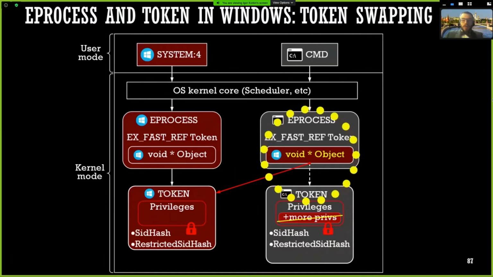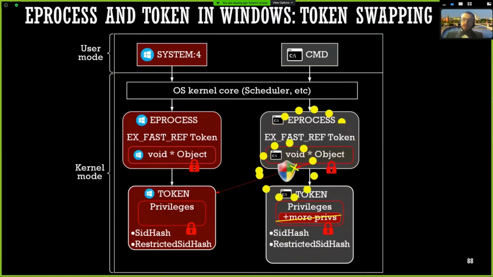Hackers made one step ahead and escalated process privileges by copying the address of the token structure from a more privileged process. This technique is called token stealing or token swapping. The newest Windows Defender prevents this token swap attack by checking the integrity of these pointers. I will show you how attackers can escalate process privileges without triggering any security features.